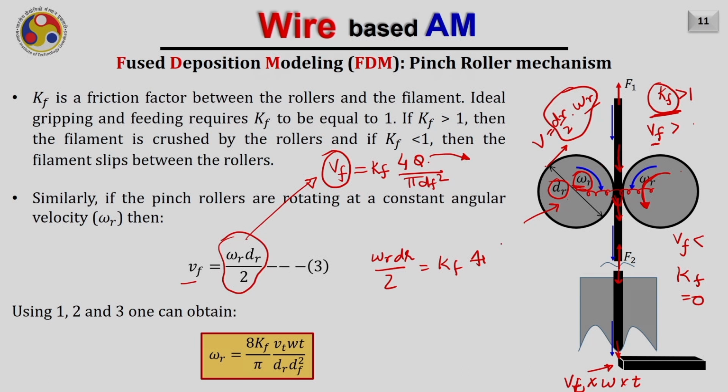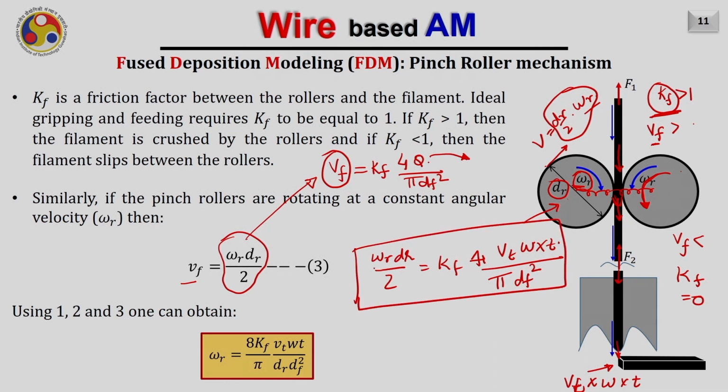So I am writing here Vt W T divided by pi df square. Now from this equation I can easily find the required omega r, that is the angular velocity of the rollers, and hence omega r will be equal to 8 Kf Vt W T by pi dr df.